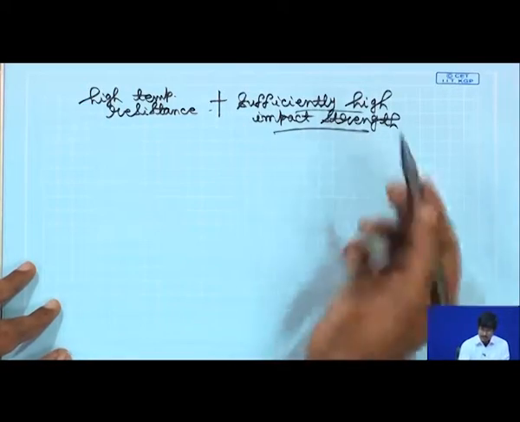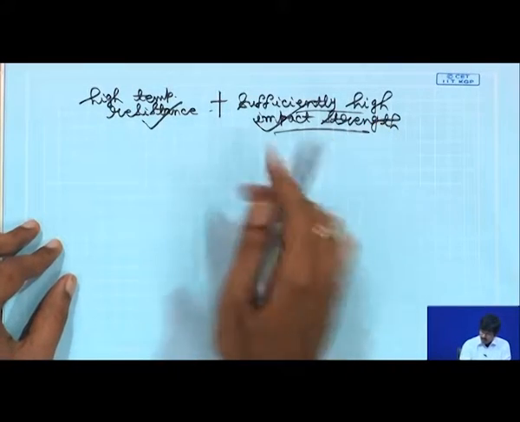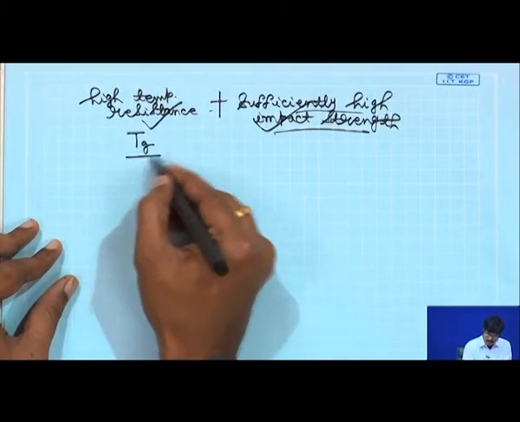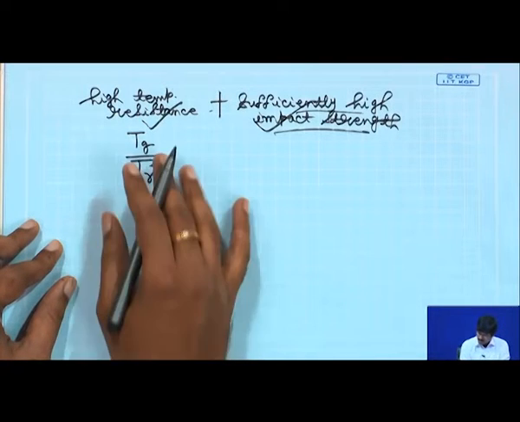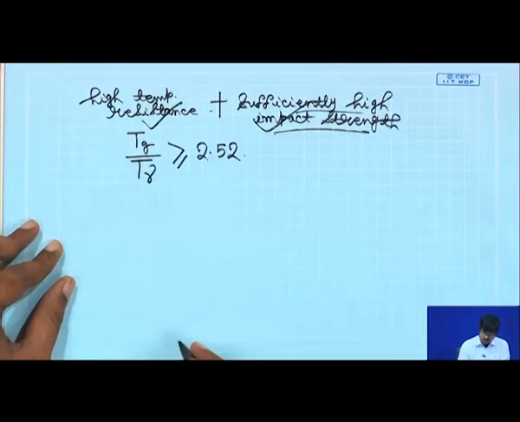You lost the impact strength. Now, in order to have the combination of both, this ratio of Tg to T gamma should be greater than or equal to 2.52.